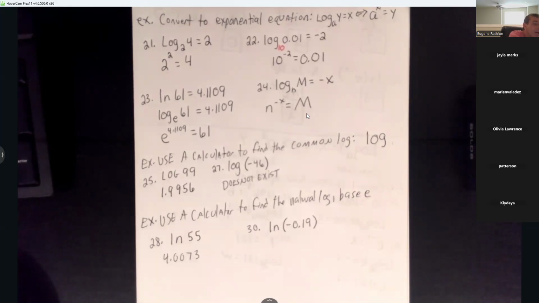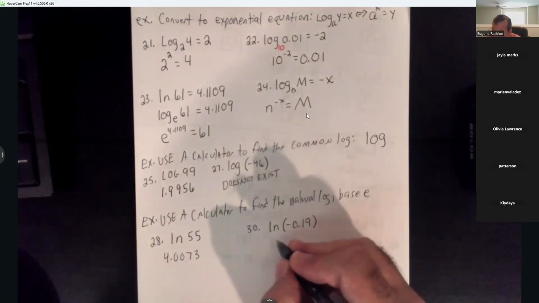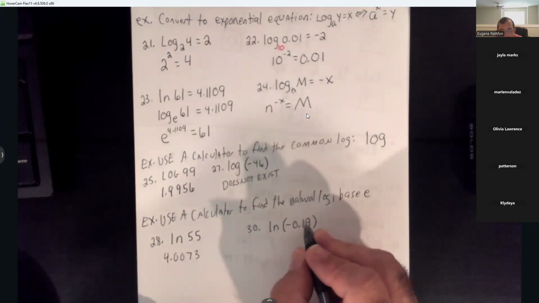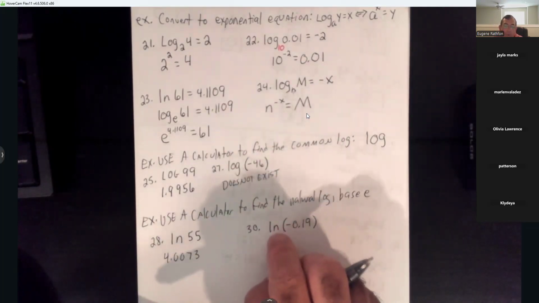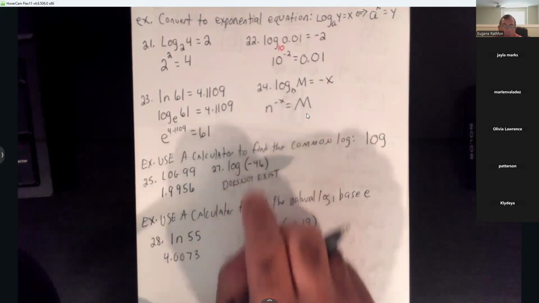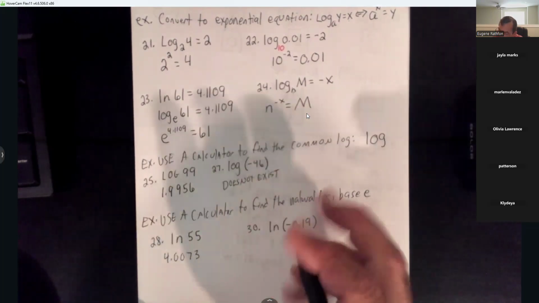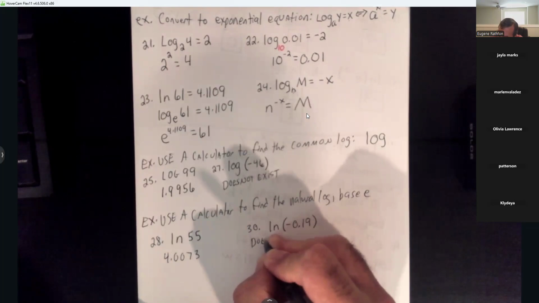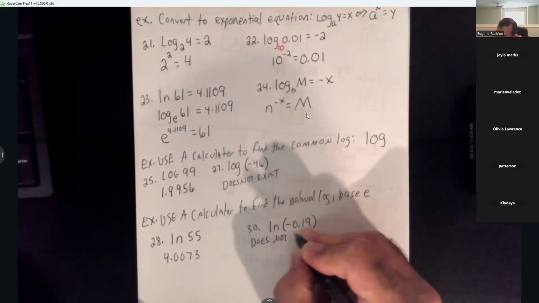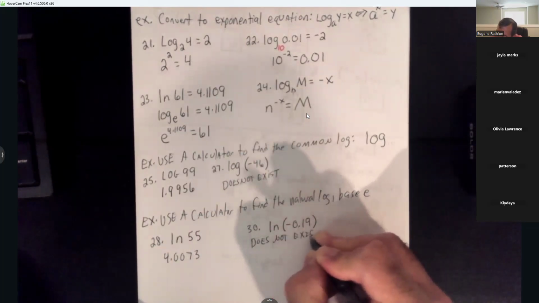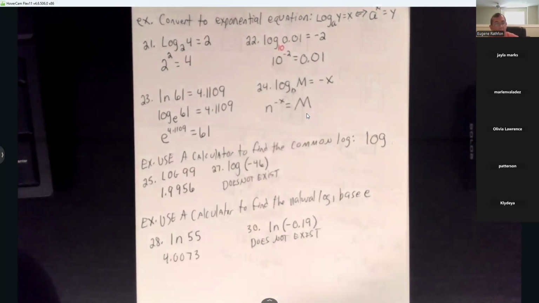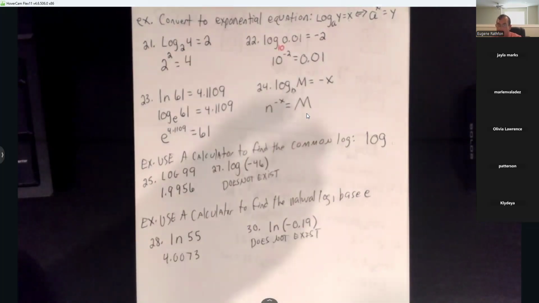So you got another error. So there's nothing I can do to that E to turn it into a negative number again. So y'all, if you try to take the log of a negative number or the ln of a negative number, those do not exist. Nothing I can do to any number to make it negative using exponents, okay?